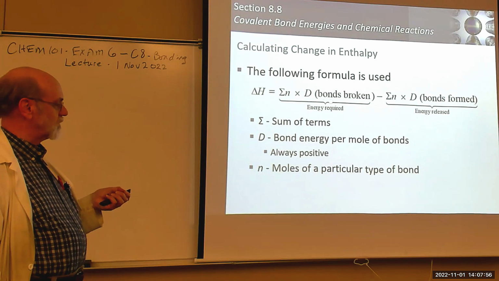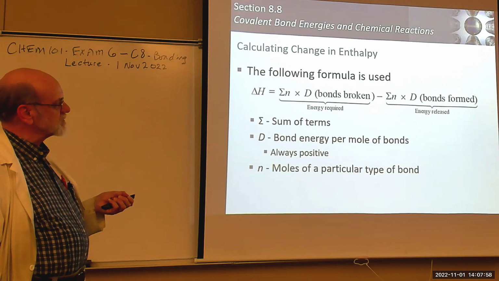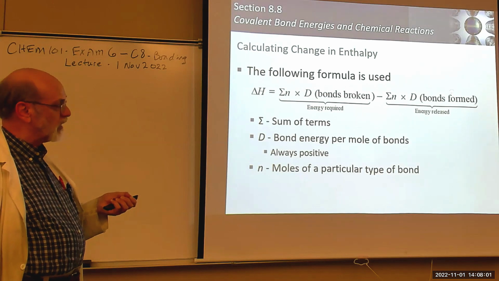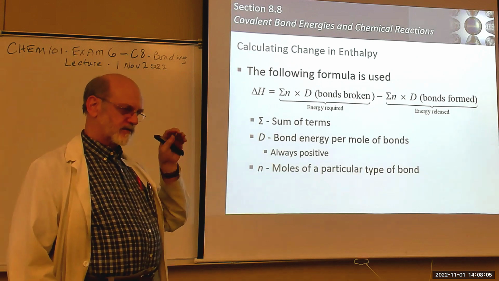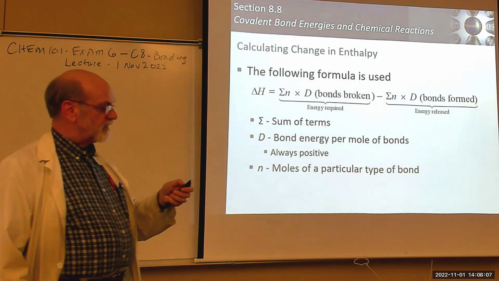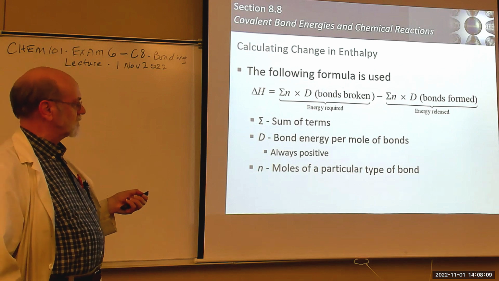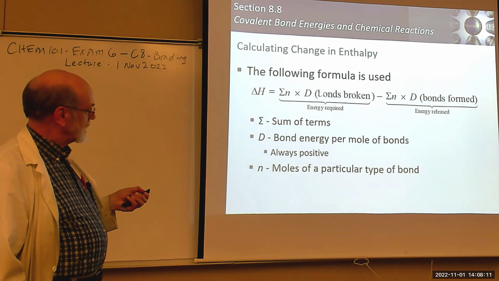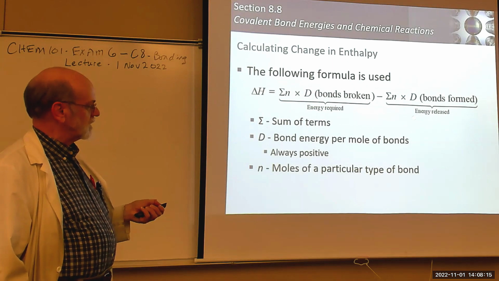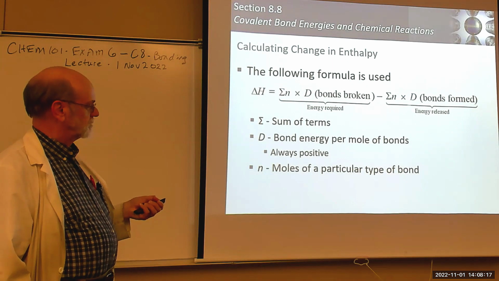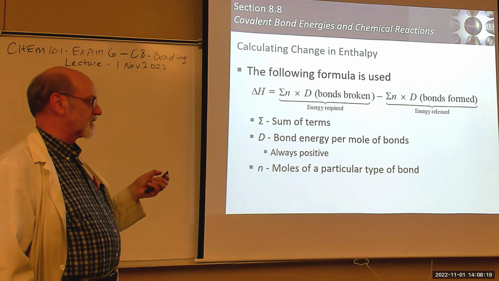That's a positive value. Subtract the energy that's released when the new bonds form. So it's not products minus reactants, it's reactants minus products. And that's a consequence of the signs, right? Because this is energy input. This is positive, and these are going to be negative. But we subtract them, so that makes them positive too.